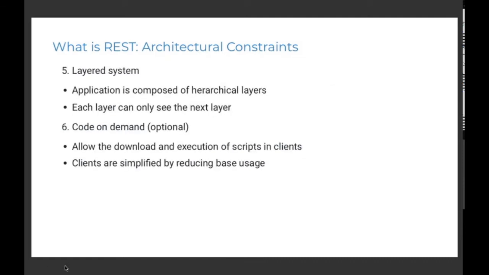Next, the application is composed of hierarchical layers, and each layer can only see the next layer. Okay, so this is a little beyond our scope, but the idea here is that, for example, our UI can only deal with the interfaces in Django that it can access, which are the URLs. It doesn't matter how the data is stored.